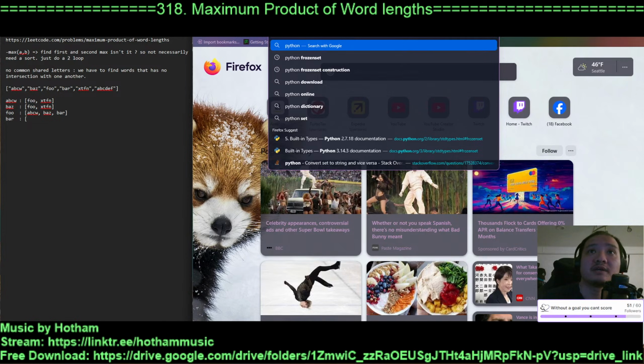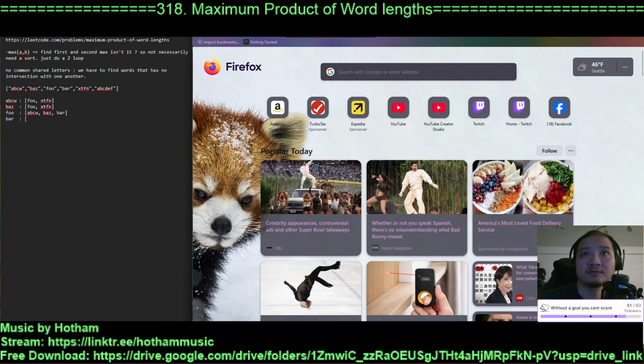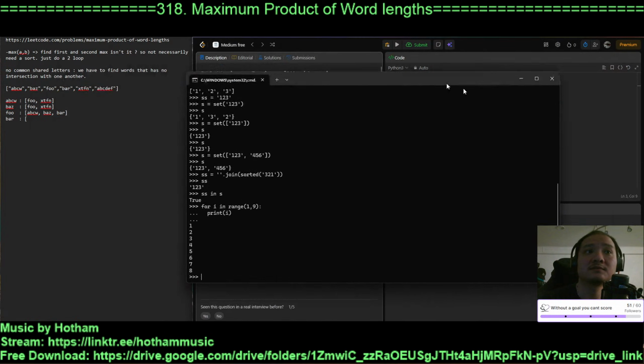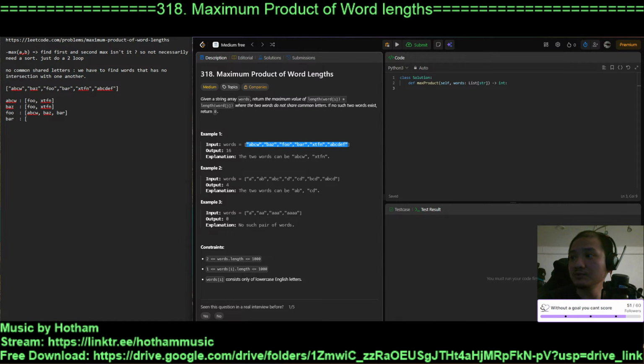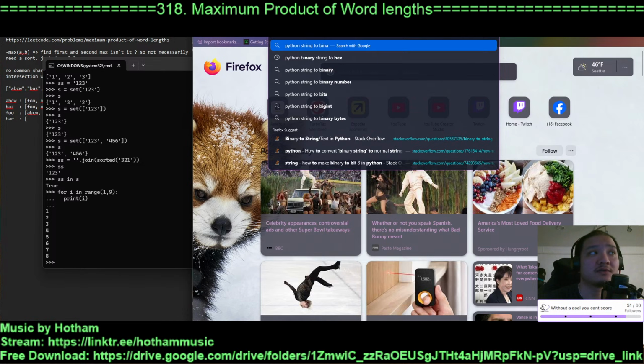Because basically XOR gives us a way to say that if out of these, right, let me check. String, let me do that in Python here. So I do Python string to binary. We do that.